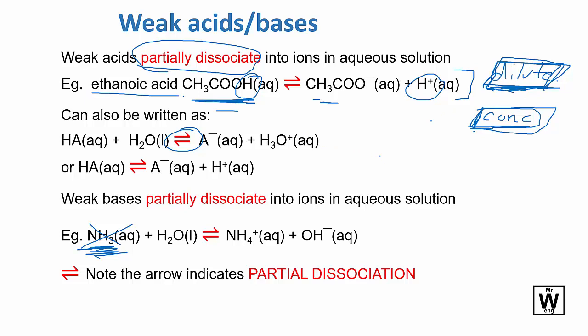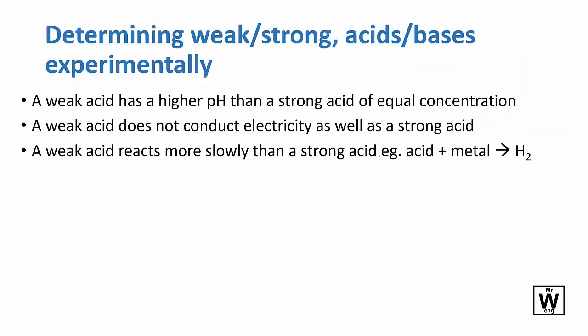Okay, so hopefully not confused. That's the issue with this, weak and strong versus concentrated and dilute. Weak and strong indicate how easily the H pluses come off, while concentrated and dilute tell you how much of the substance there is in the solution.